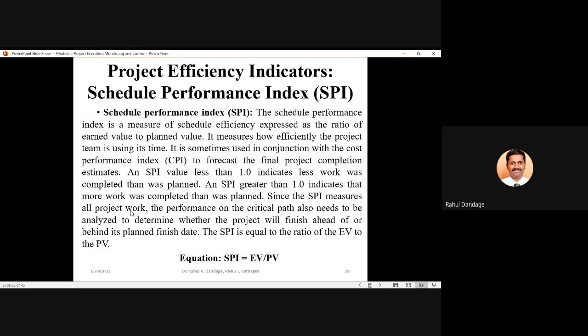So we should try to measure this index for the critical activities, so that we will come to know whether our project is going to finish on the given time, ahead of schedule, or behind the planned finish date. The schedule performance index will be equal to the ratio of earned value to the planned value.